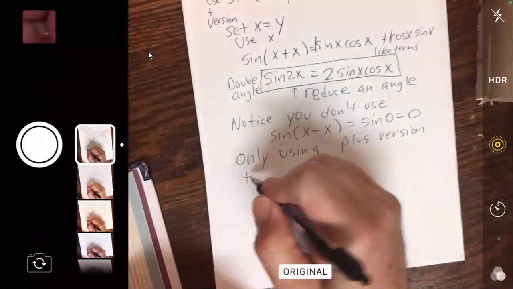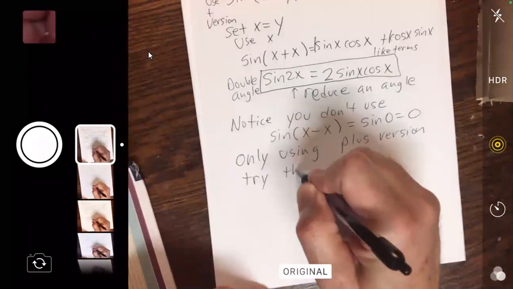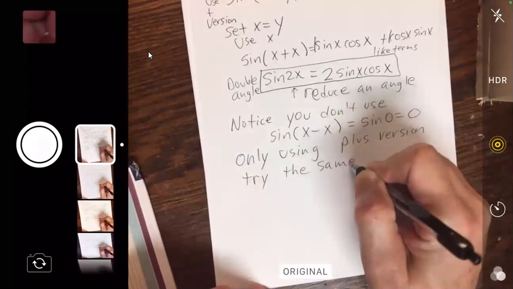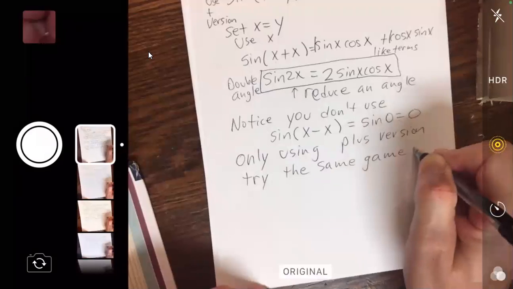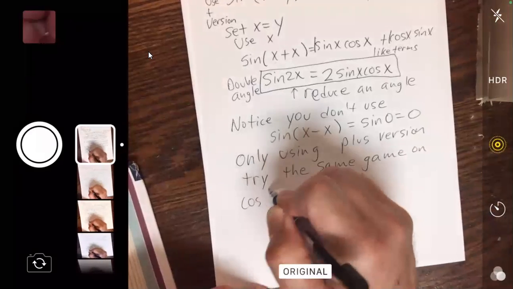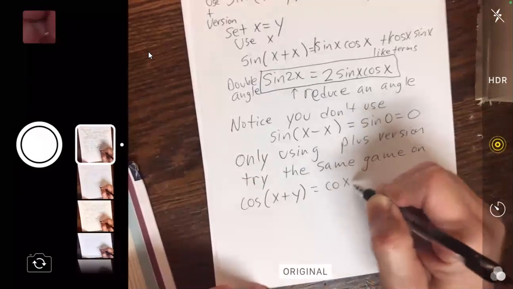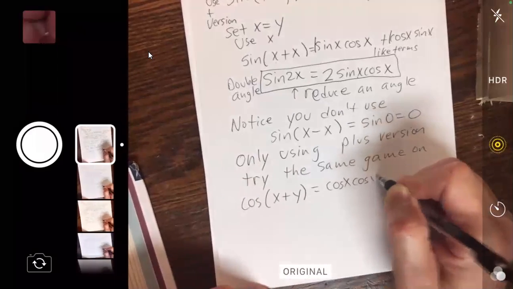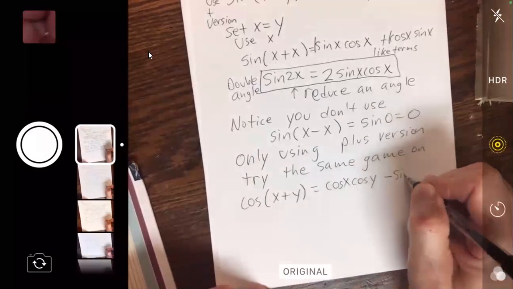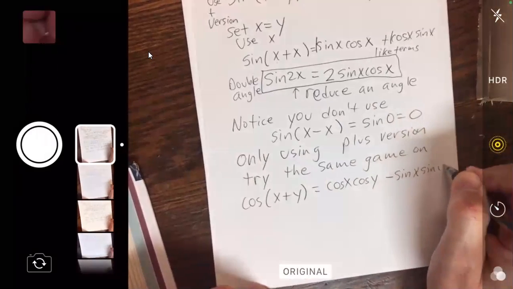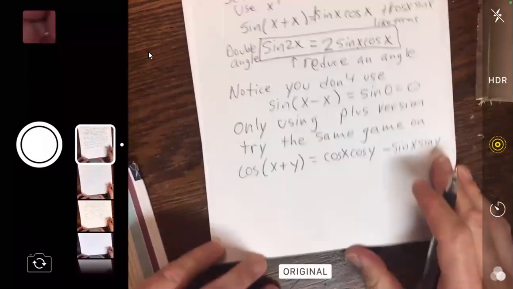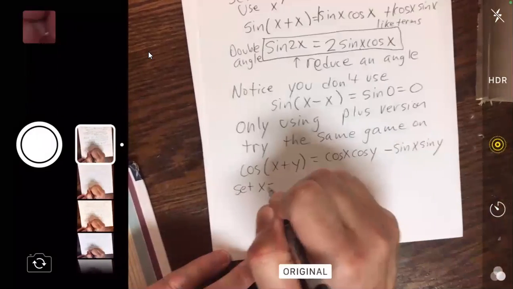All right, try the same game. Cosine of x plus y. Remember that one: cosine x, cosine y, opposite sign, sine x, sine y. Same game, set x equal y.